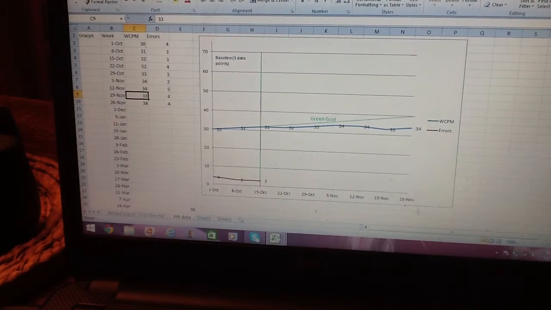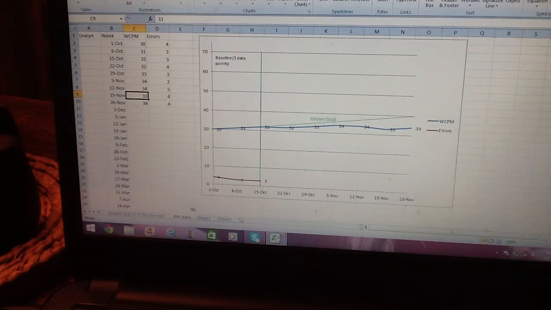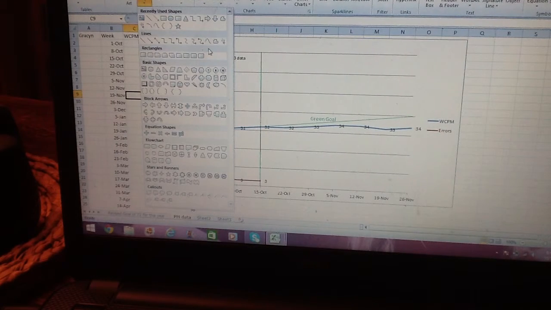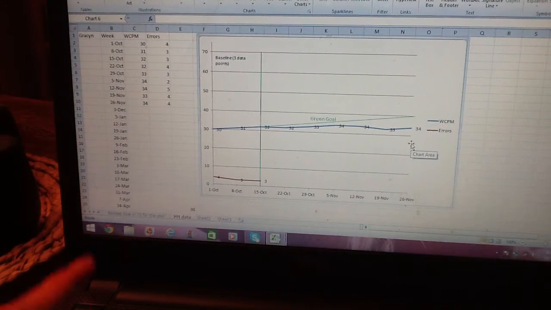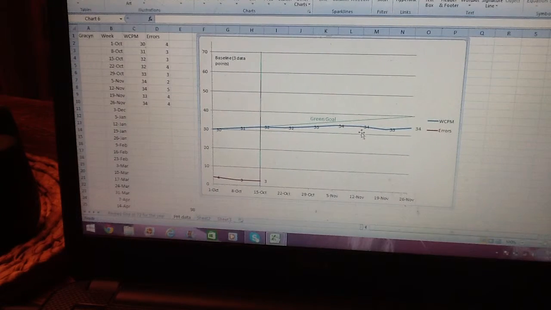What I simply did here was insert a shape, physically draw the goal line, change the color, and label it so you can see it. Then, the next part was to place weeks 3 through 9 into your table, so I added that data.